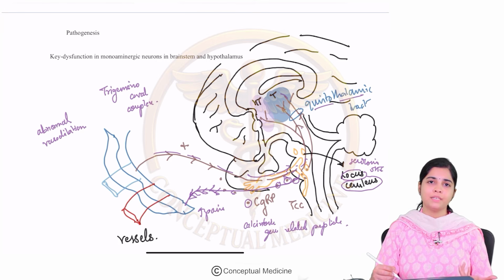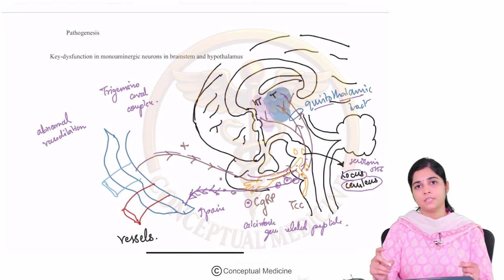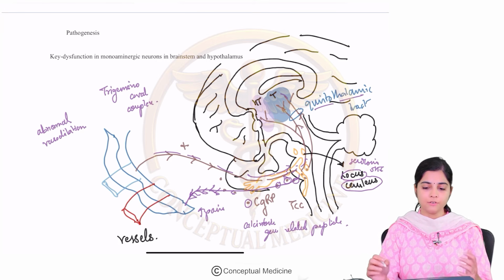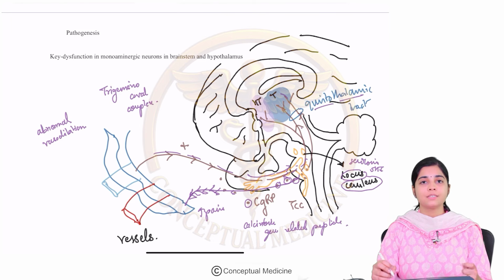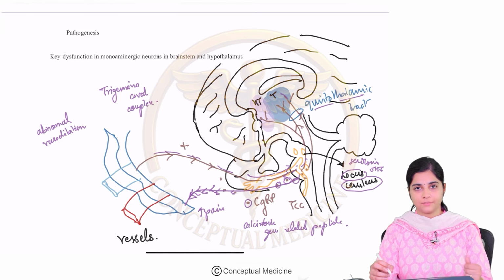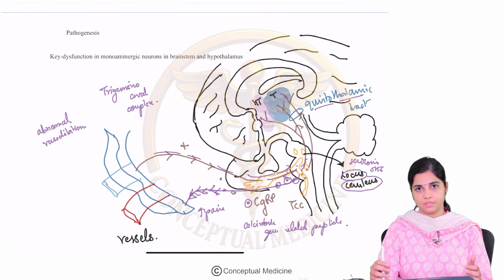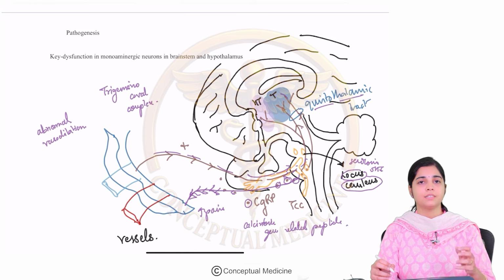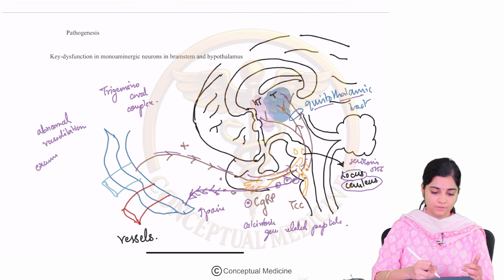The excessive pain is brought about by CGRP, and hence we give CGRP antagonists in the treatment of migraine. Okay, so this is about the role of the trigeminocervical complex ventrothalamic tract in migraine pathogenesis. Basically there is a neurotransmitter disturbance and excessive stimulation of the pain pathway.